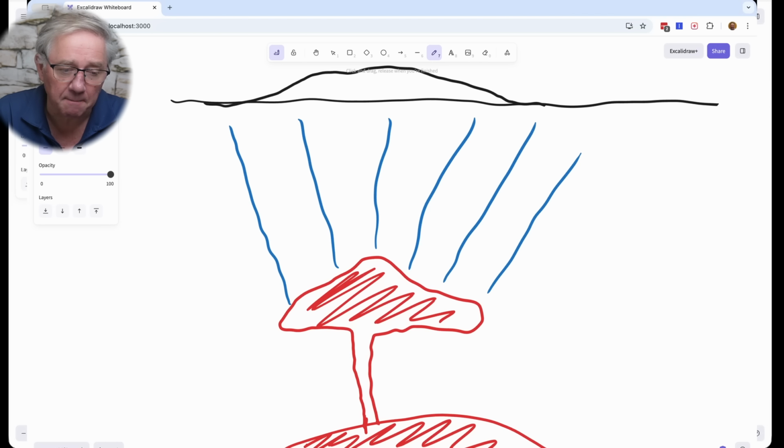What can happen then, and I'm swapping back to the red, is that some of this magma inside here can start to leak into these cracks. Now, these cracks are not all the same size. There's a multitude of sizes. Some are going to be smaller than the width of a human hair. Some of them are going to be multi-meters across, some even more.